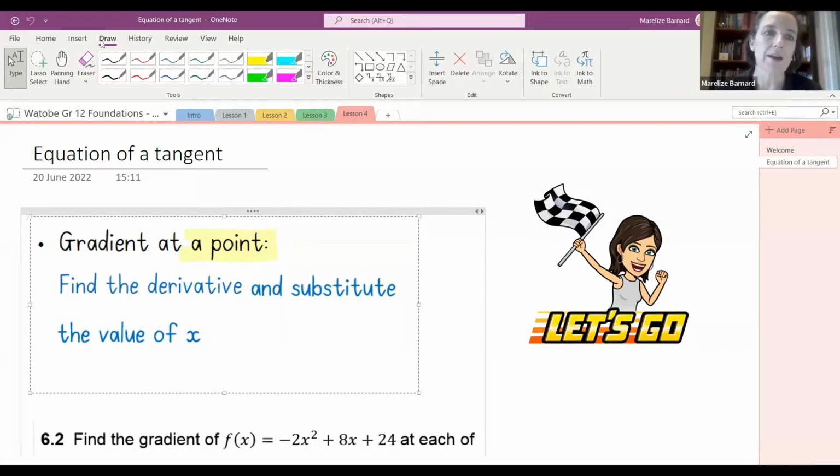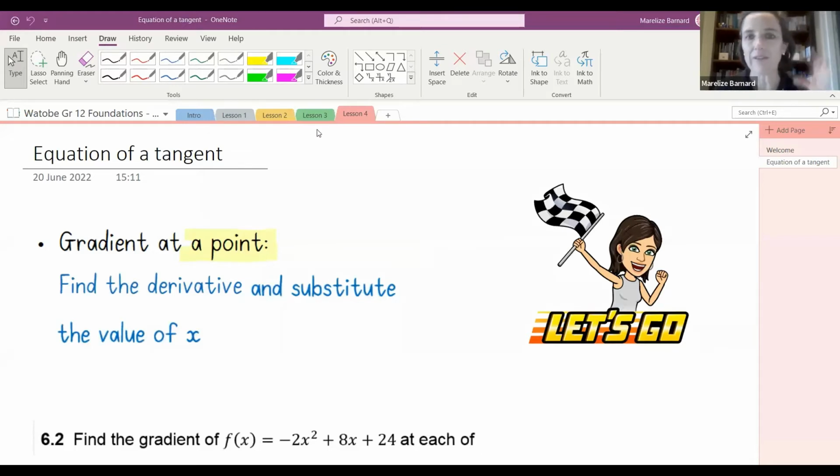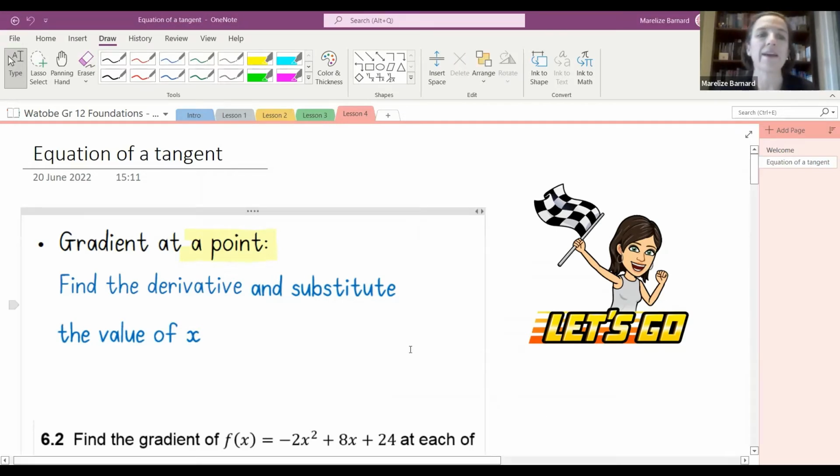So right now we have to have that in the back of our minds. We have to understand what the derivative is, how we get the derivative, and what the derivative means. Those are the 2 concepts that we need as we start off finding the equation of a tangent.